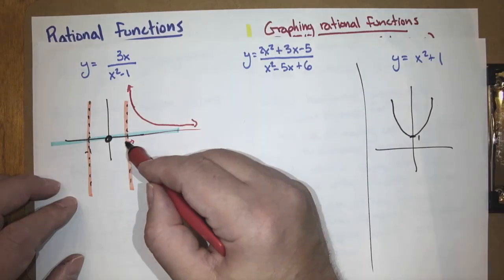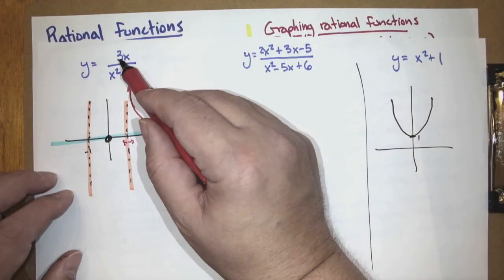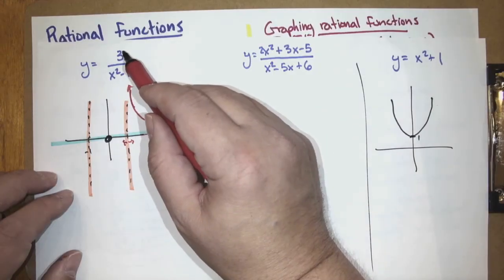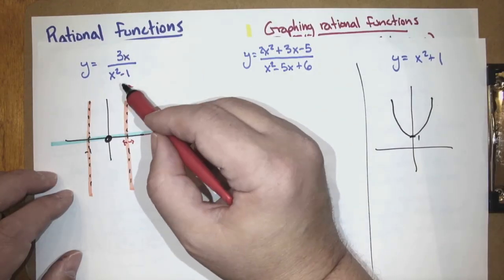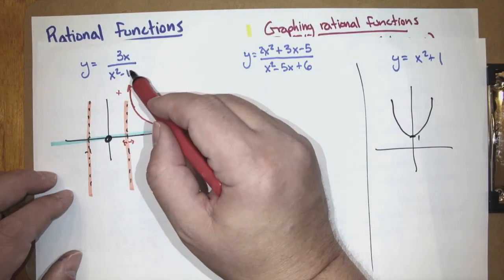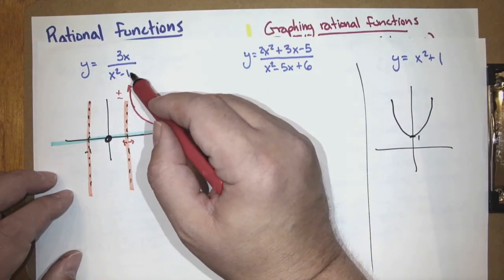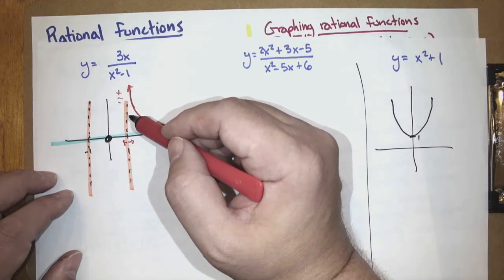If I'm a little bit less than 1, 0.9, 3 times that number, positive or negative? I'm positive. 0.9 squared minus 1? Negative. So what's my sign?